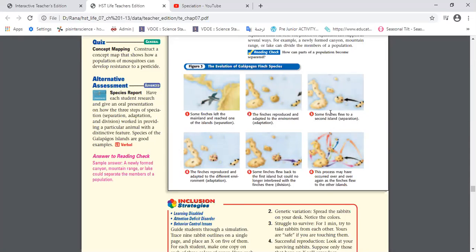As each island has different environmental conditions than the other, of course the natural selection, or the environmental condition, will support different traits in each island. Yes or no?